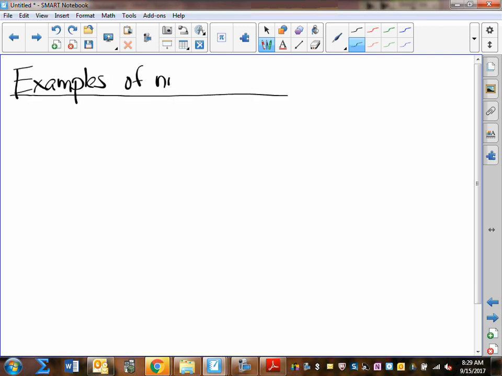Examples of not differentiable. So again, left-hand and right-hand slope have to be the same.